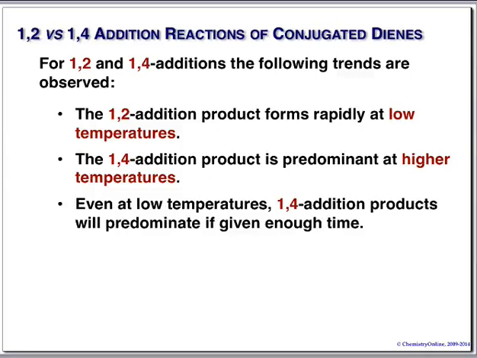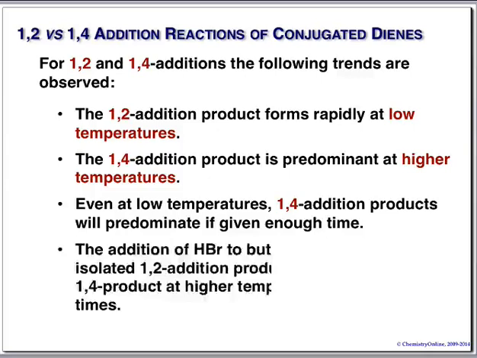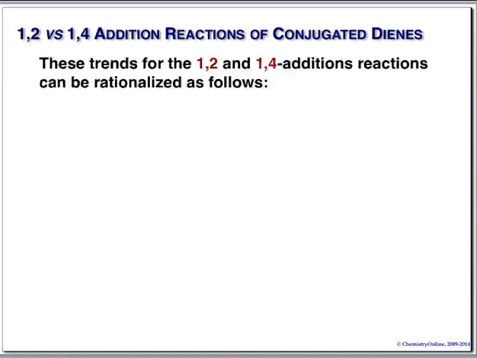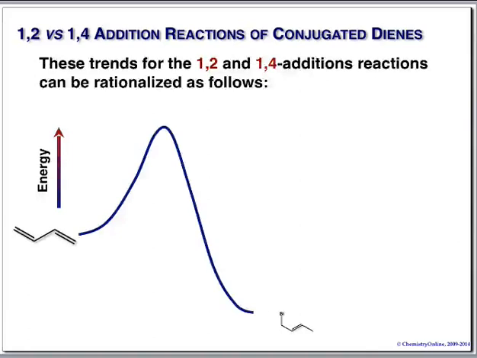So when we finally get there, it stays. We can explain all of this using reaction coordinates. Started here with our diene, and let's make the 1,4 addition product, because we have to start somewhere.